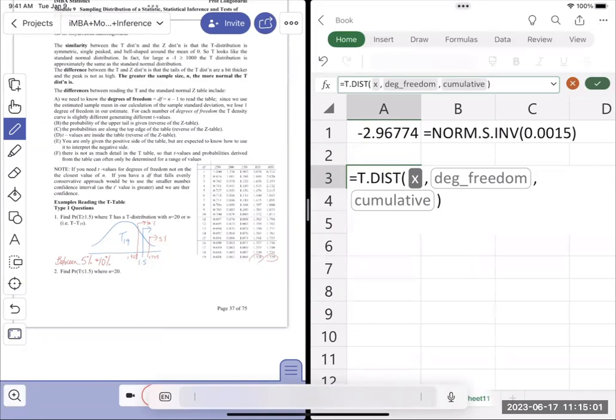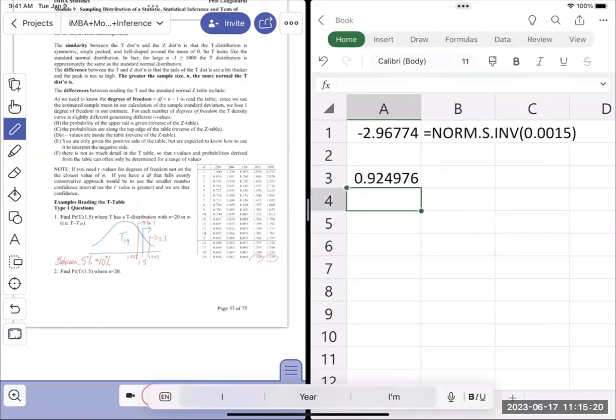So if I put in x of 1.5, and I tell it degrees of freedom 19, and I say cumulative, what is it going to give me? It's giving me the left side. So Excel gives me the left side.